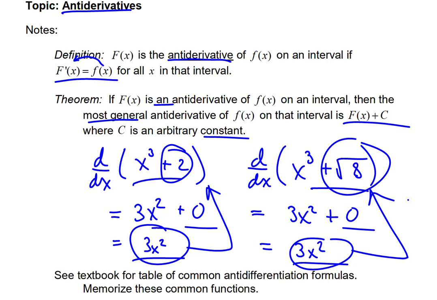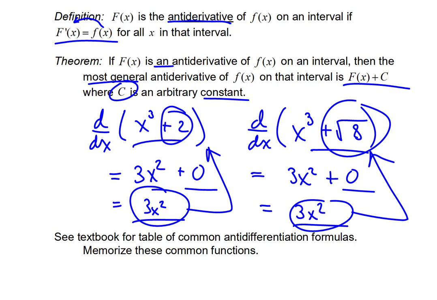So those two different constants that we come to when going backwards, we wouldn't have any way to know what those were if we didn't see the original function, or rather just the derivative. Because of that, when we go backwards, we will just call that constant that we don't know, the arbitrary constant, the letter c.